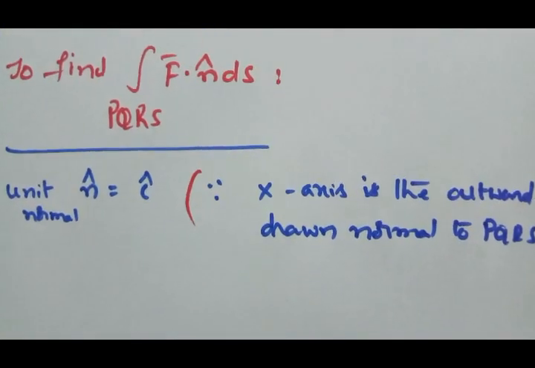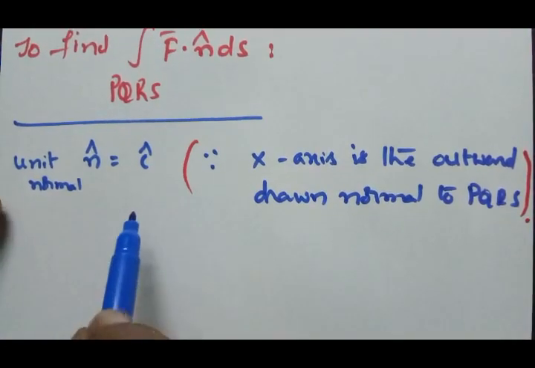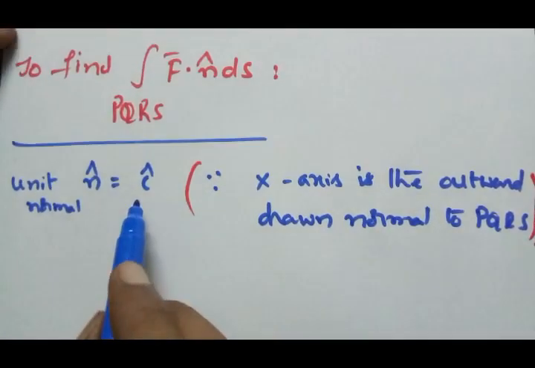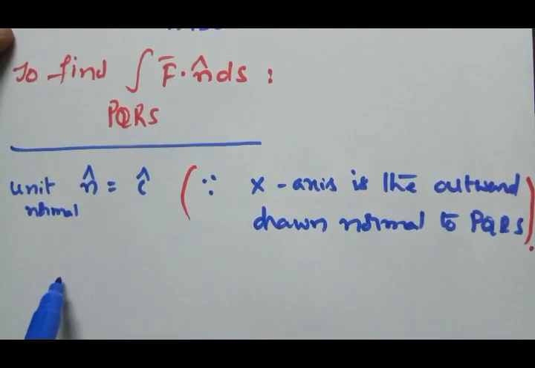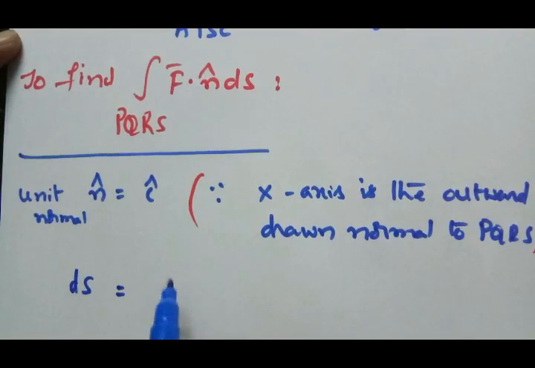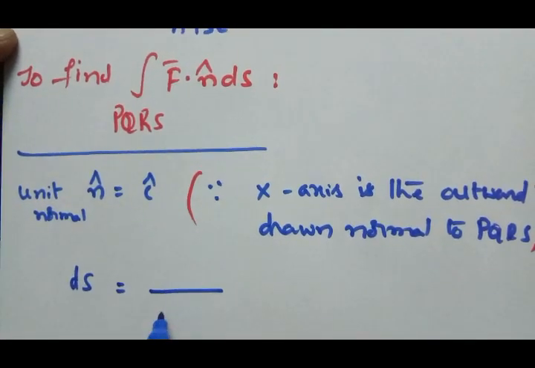Therefore, now here f bar dot n cap is equal to, and ds is equal to... here first we have to write the denominator.